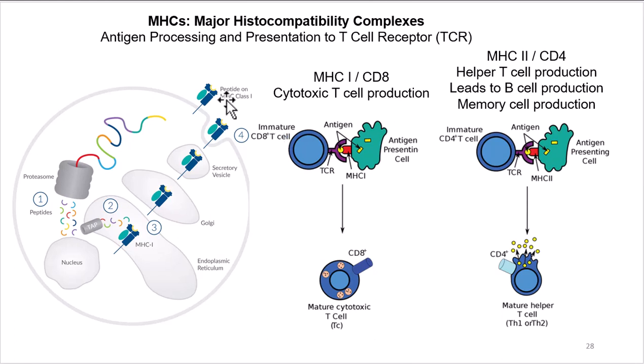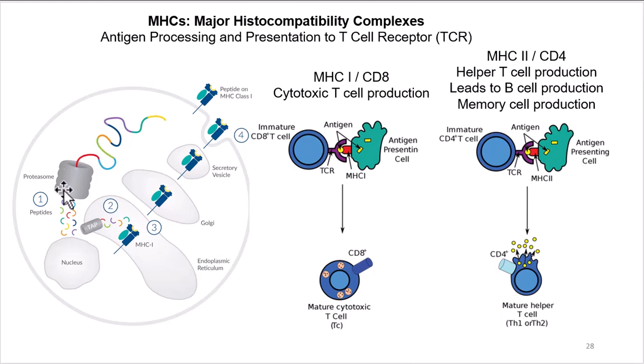So anyway, you have different ways that antigens get processed and then presented. What's going to happen is this MHC is going to grab a piece of a peptide, and it's going to be what either an antibody or, as we'll see, a cytotoxic T cell will recognize. So you have a long protein.